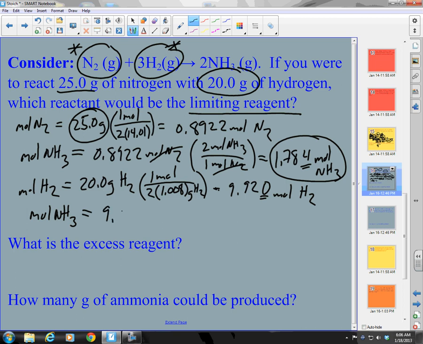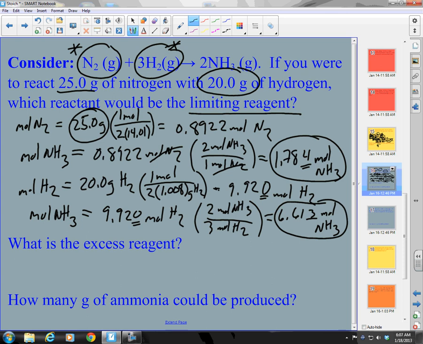Okay, 9.920 moles of H2 times, what's my mole ratio? 2 moles of ammonia per 3 moles of H2. Yeah? Good. Divided by 3 times 2, and I get 6.613 moles of ammonia.